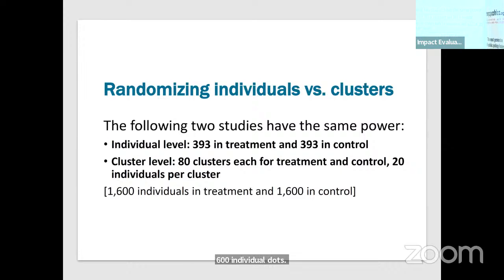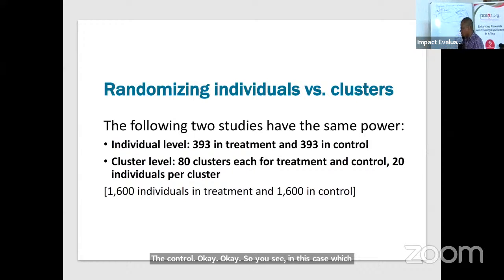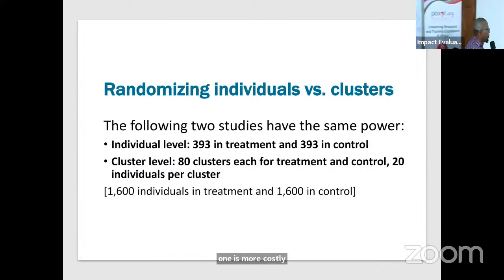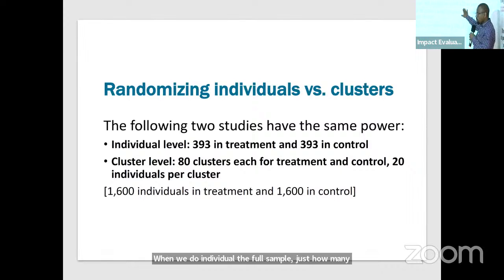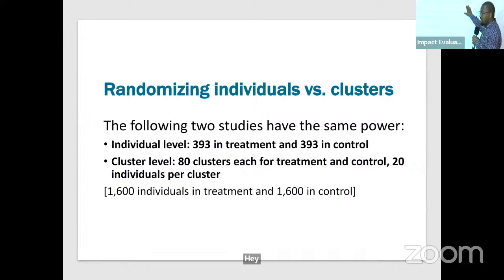Okay, so you see in this case, which one is more costly? When we do individual, the full sample is how many? 786, right? When we do cluster, how big is the sample? 3,200. So in terms of budget, which one has the bigger impact?